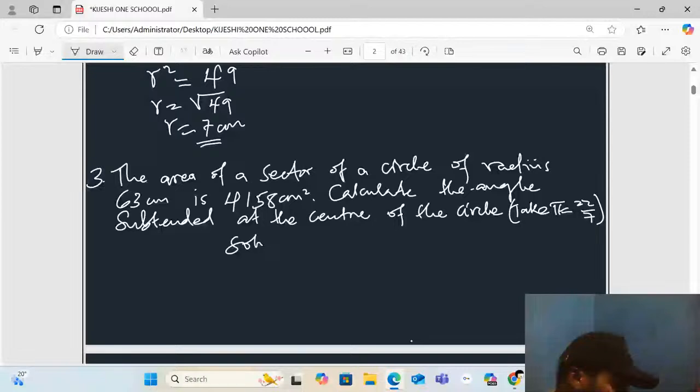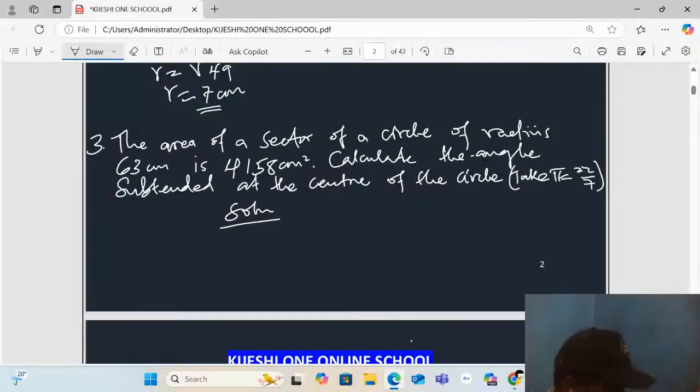We are given the area and the radius of the circle. Now we are going to find the value of theta. The area of the sector is theta over 360 times pi r squared.